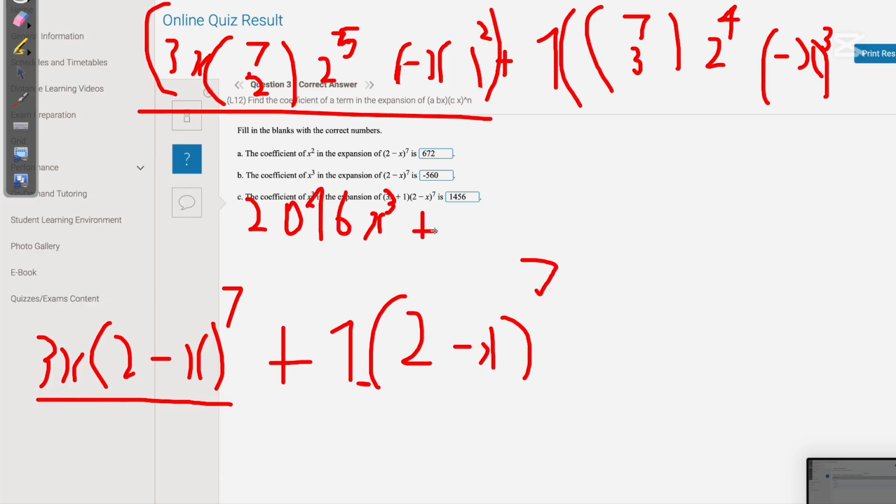plus 7C3 times 2 to the power of 4 times negative x cubed. So the power will stay. So it will be 2016 x cubed plus negative 560 x cubed.